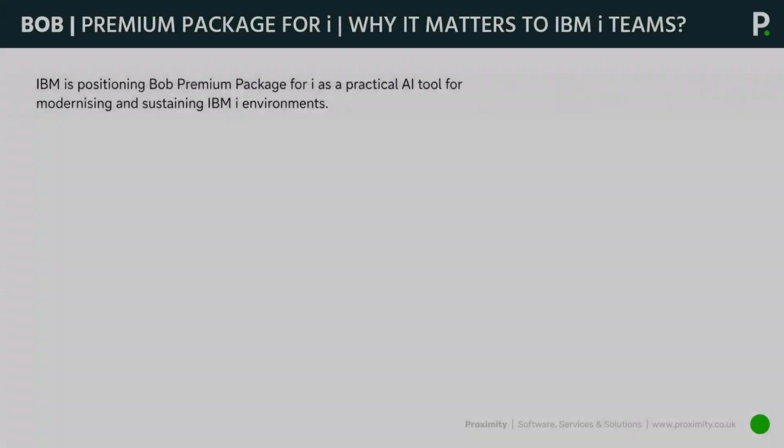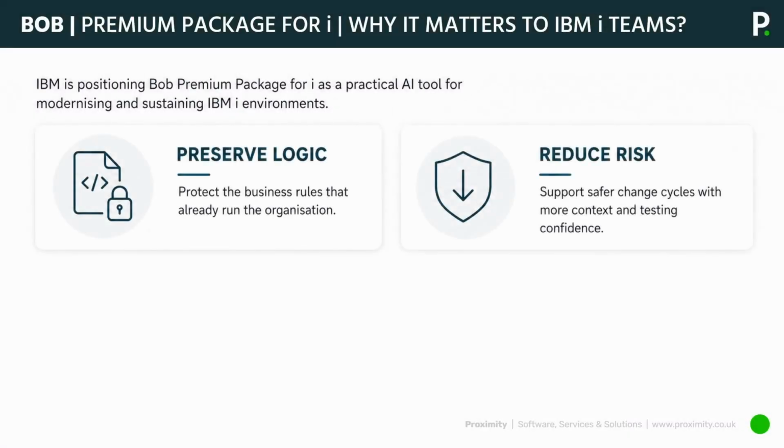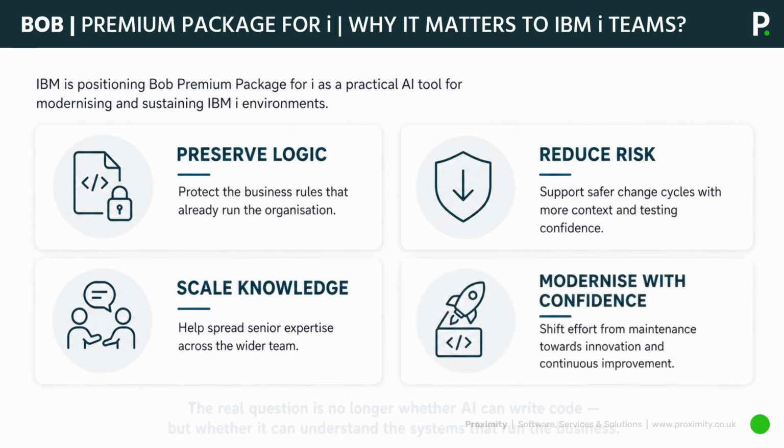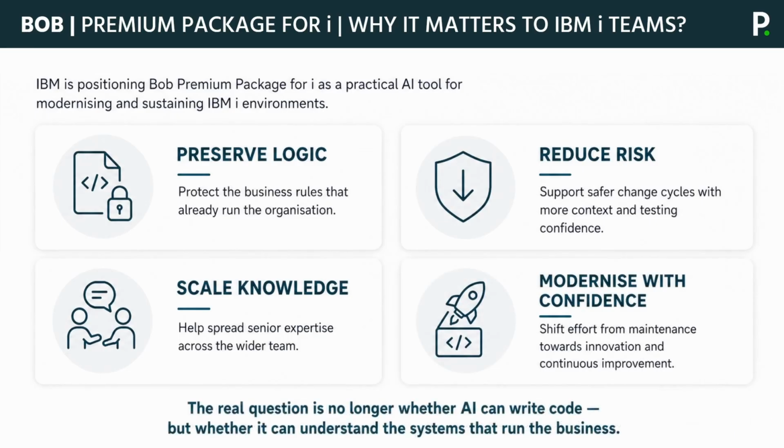So the IBM Bob Premium Package for I is not being positioned as another generic AI coding assistant. IBM make it clear that they see the real opportunity in helping IBM I teams understand, document, modernize, and safely evolve the systems they already depend upon.